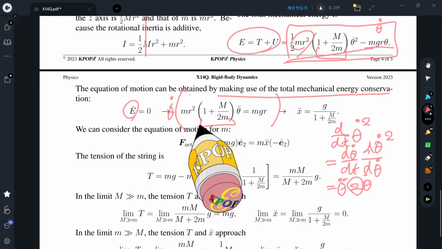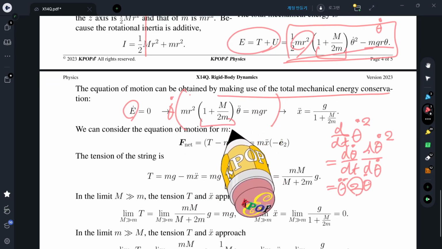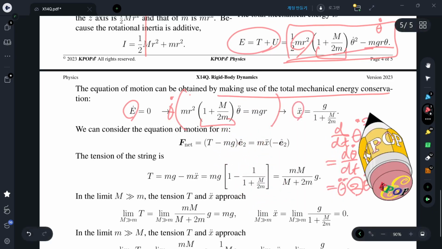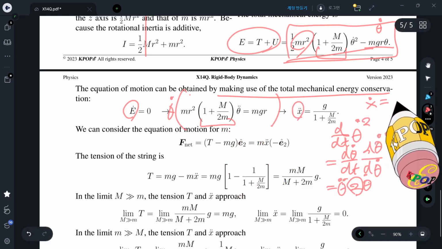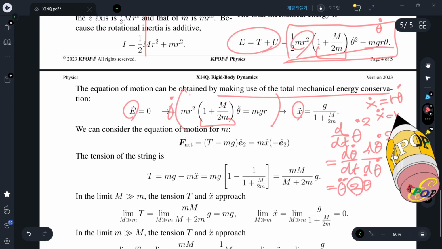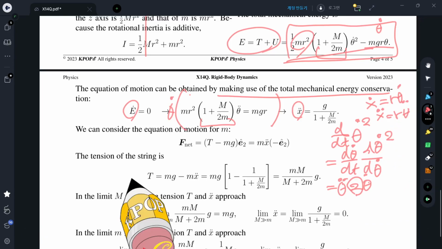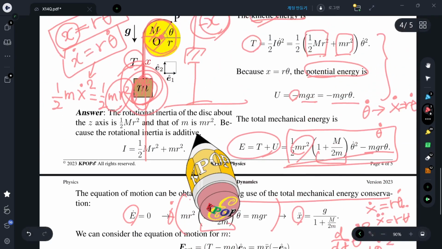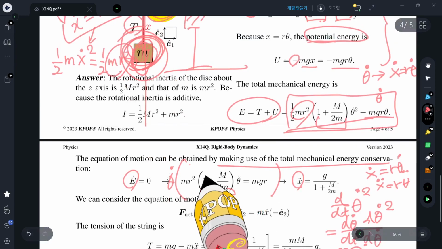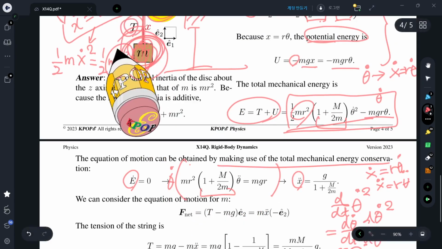As a result, we can determine theta double dot, and that determines x double dot, because x dot equals r theta dot and x double dot equals r theta double dot. Okay, and then if you make use of the equation of motion, until now we didn't make use of any relation regarding the tension.